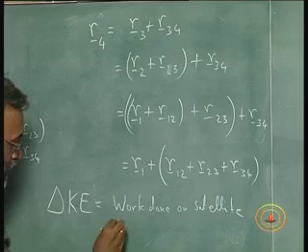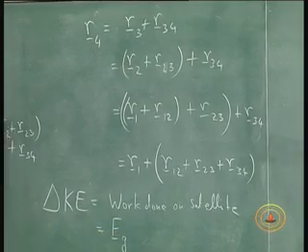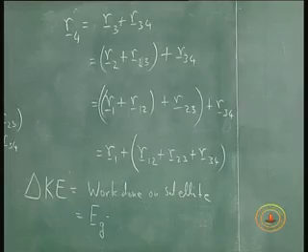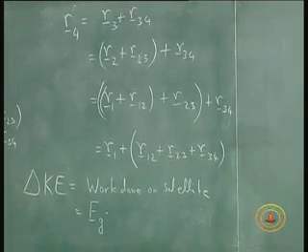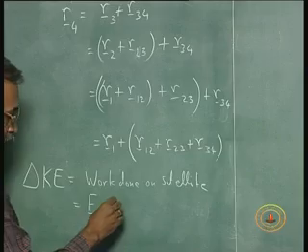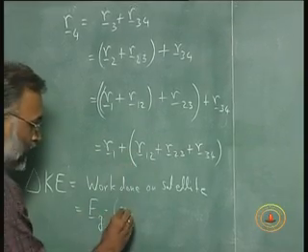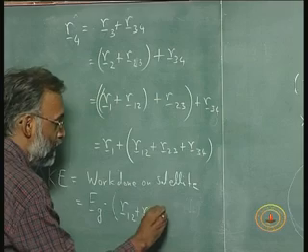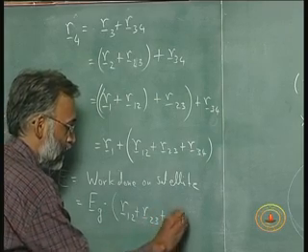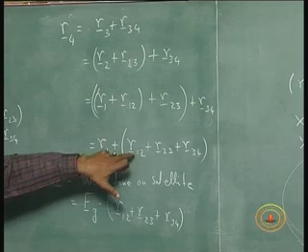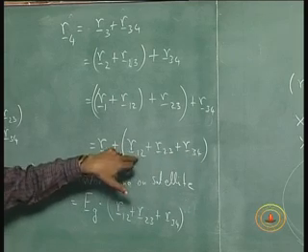Well, there is a force due to gravity, and the work done is force dot distance travelled. Well, what is the distance travelled? Well, it is R12 plus R23 plus R34, because if I took R4 minus R1, this is all that remains.